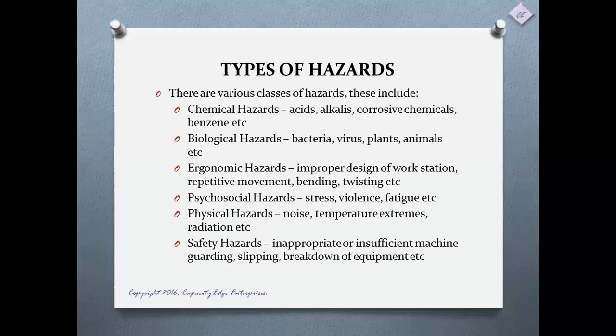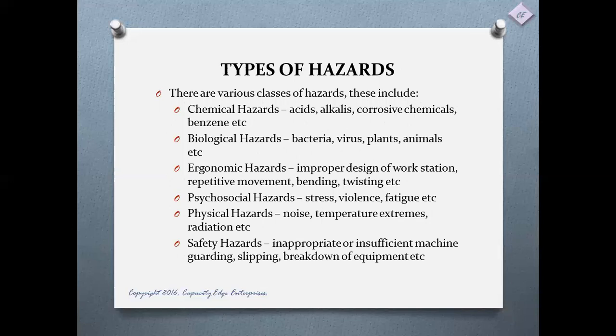So we have different types of hazards. Hazards could be in form of chemicals like acids, corrosive chemicals, corrosive substances. Could also be in form of biological hazards. So of course, recently we have the new hazard of COVID-19.